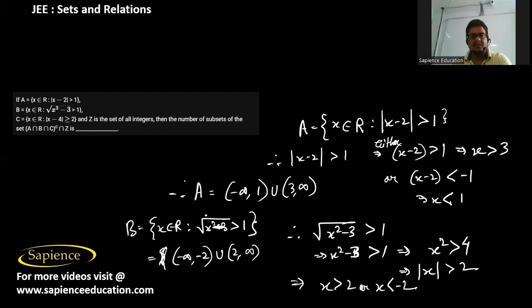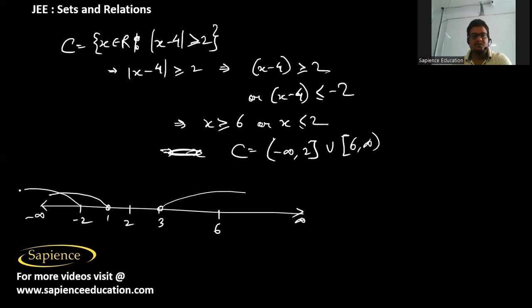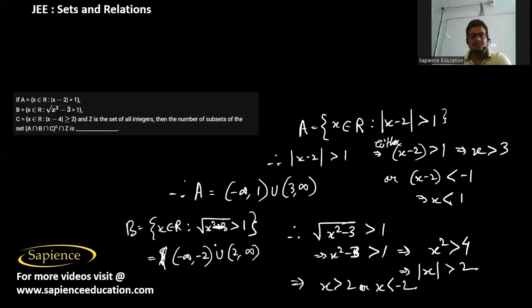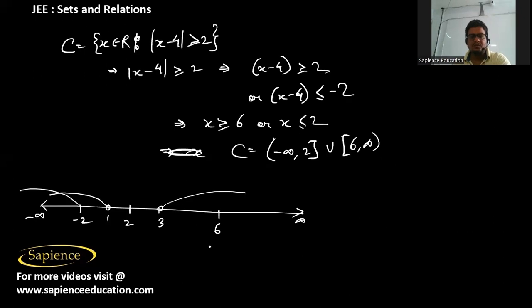And then set B is minus infinity to -2 union 2 to infinity. And then here we have minus infinity to 2 union 6 to infinity.